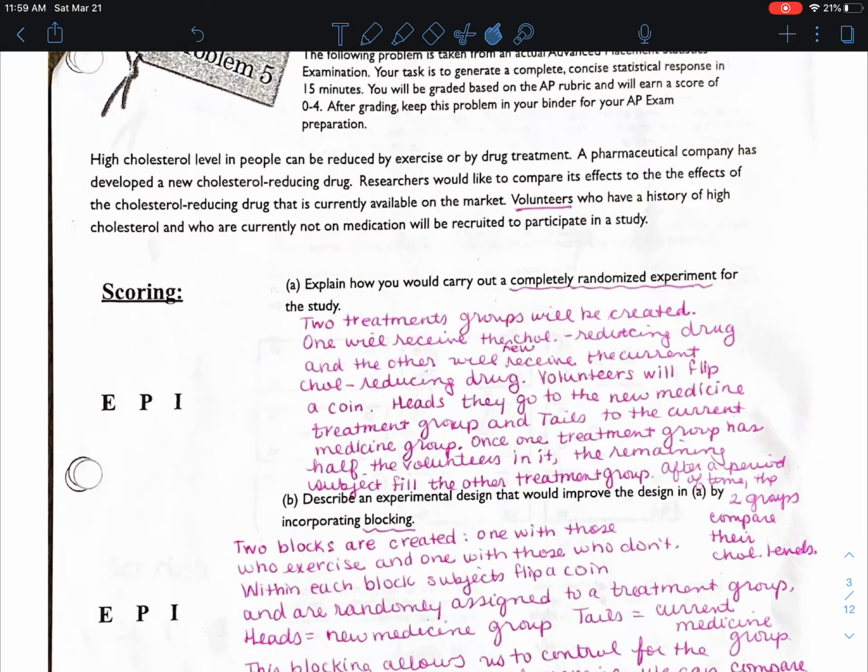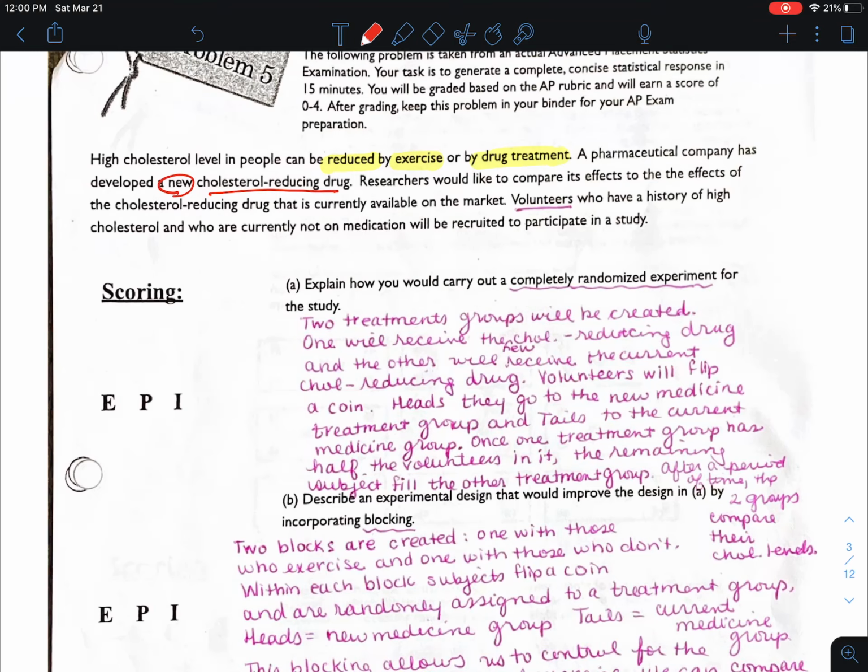This next one is all about designing experiments, and these are where you're really finding yourself having to write out a lot of details so someone could pick up the plan you had listed and follow through with the plan that you've created. This is mentioning that high cholesterol levels in people typically can be reduced one of two ways. It can be reduced through exercise, or it can be reduced by taking a drug. So we have this pharmaceutical company and they have a new cholesterol reducing drug.